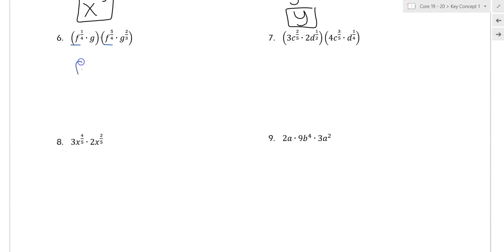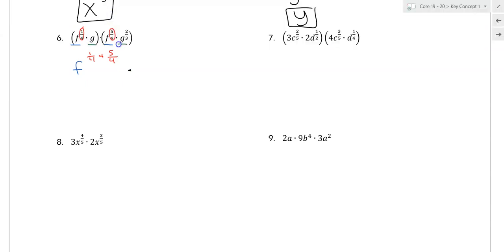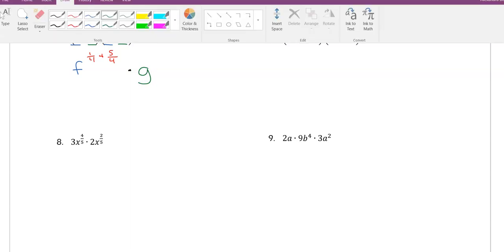Okay, so that's f. And what are the exponents on that? 1/4 plus 5/4. And then I'm multiplying that with my g, right? Those have the same base.